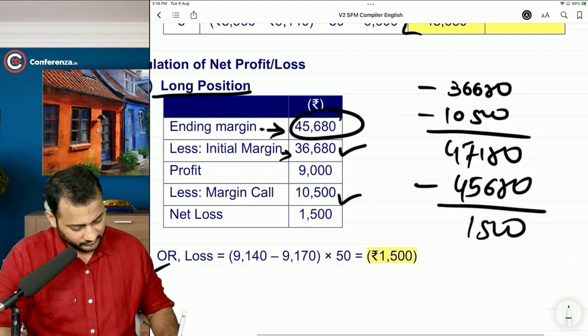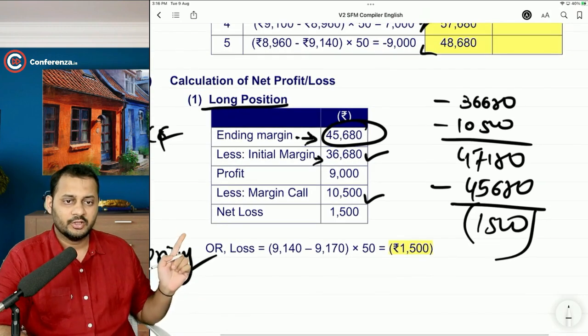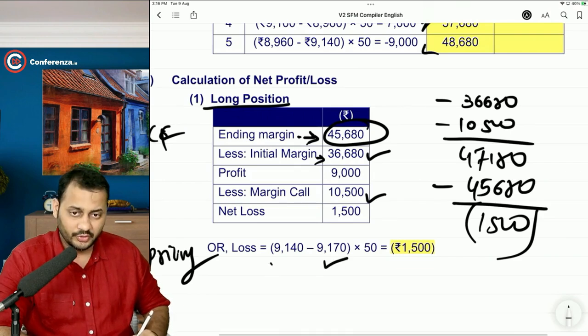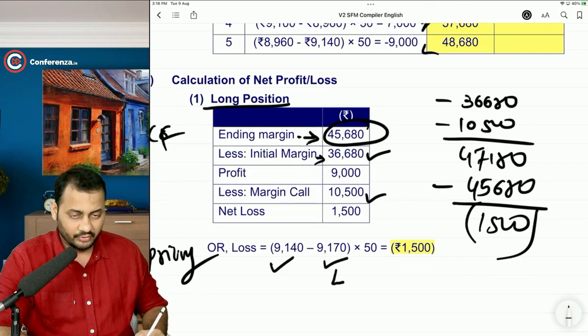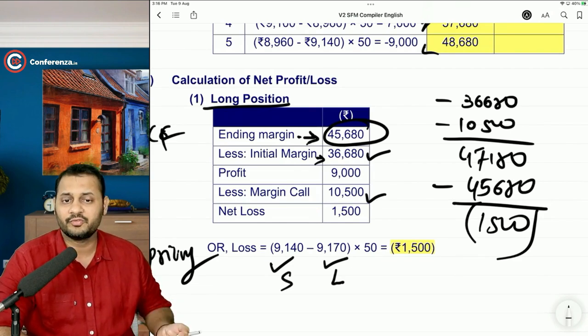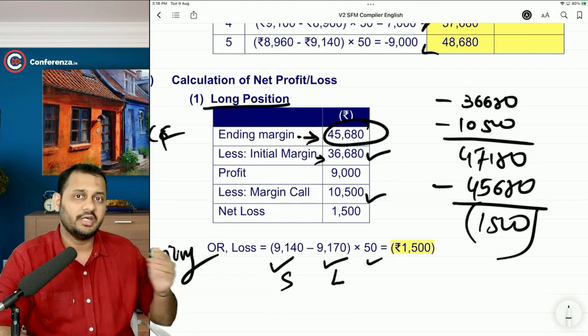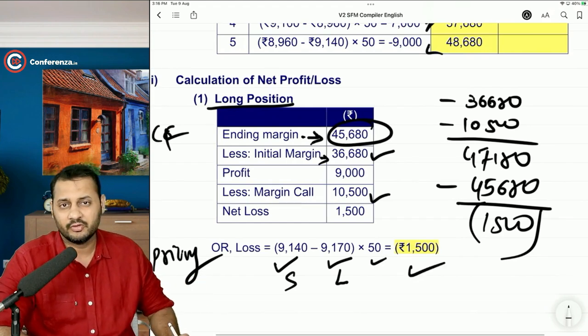So that's a loss of 1,500 to you. So you can calculate it this way or this way also, that you started with 9170, you ended with 9140. Your buying price was 170 and your selling price was 140. So there is a loss of 30 rupees on each future and the total is 50. So 30 into 50, that means 1,500 rupees of loss.